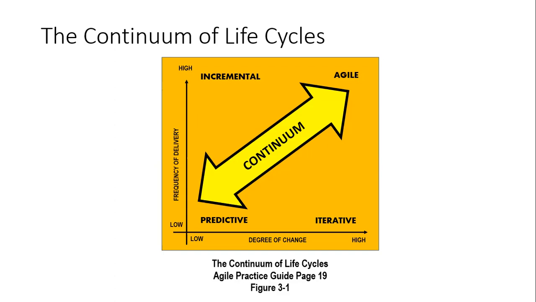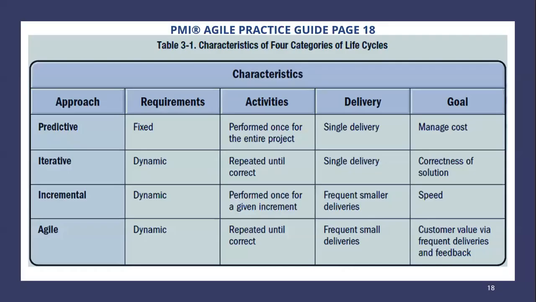So on page 18 of the Agile Practice Guide, you have this pretty interesting table. It's table 3-1. And this is what table 3-1 looks like. On table 3-1, you can see all of the methods we just looked at represented.